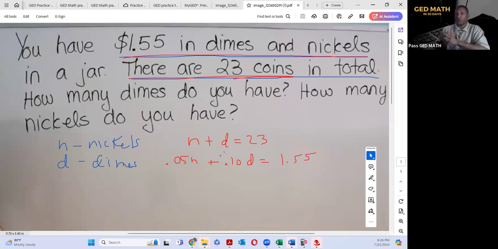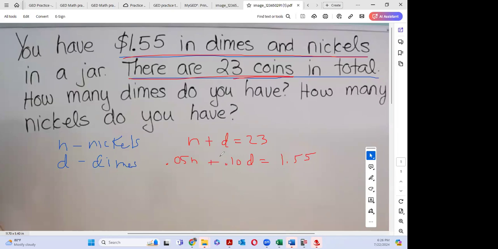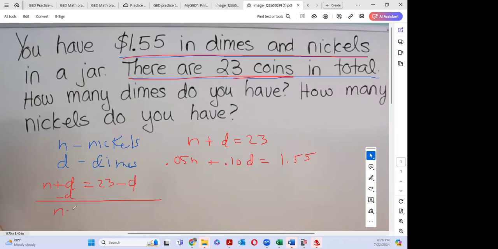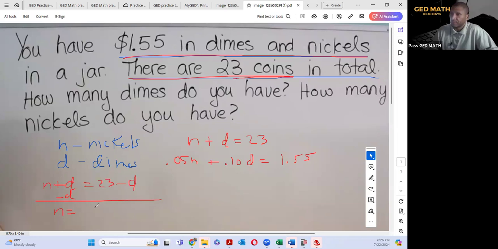So remember, when you're solving a system of equations, you want to eliminate one of the variables. What I'm going to do is subtract D from both sides of N plus D equals 23. I get N equals 23 minus D. That's one way you can do it, and we can substitute in.